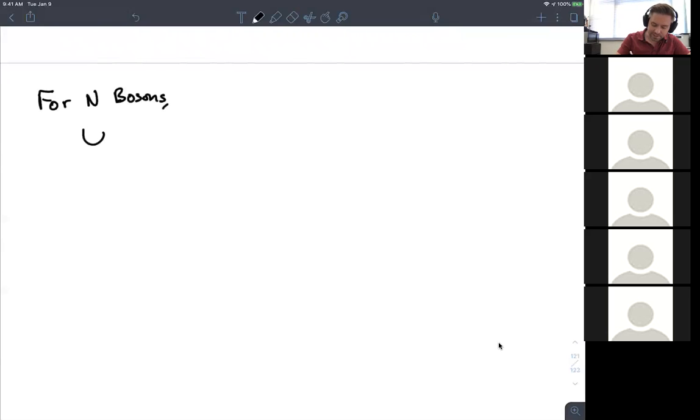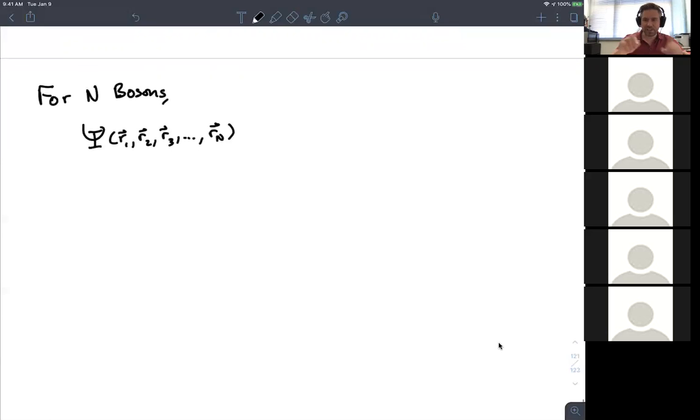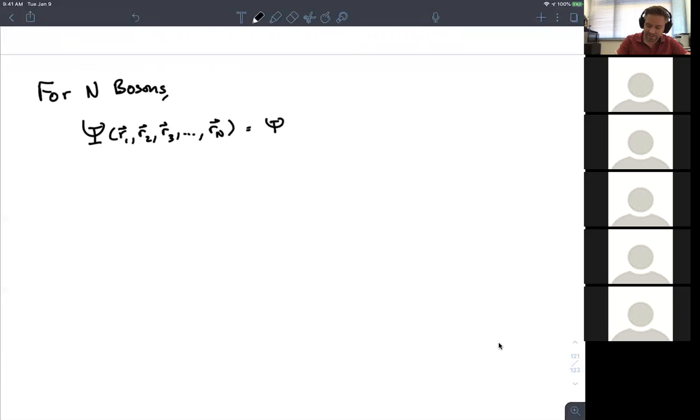In general, you're going to have a multi-particle wave function that depends upon each of your particles. And if I exchange any of these particles, I get exactly the same state out. So if I, for example, exchange R2 and R1, I get exactly the same thing.